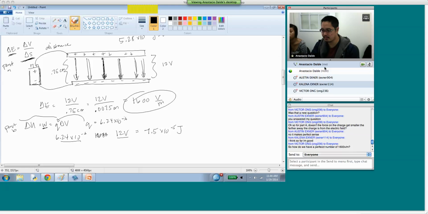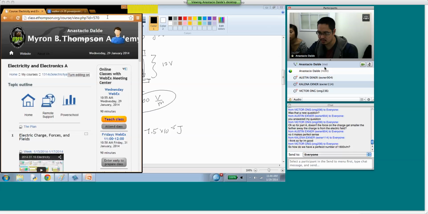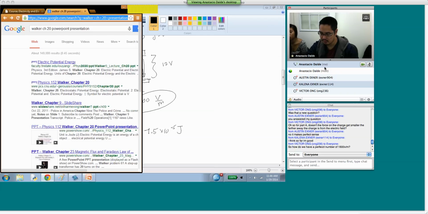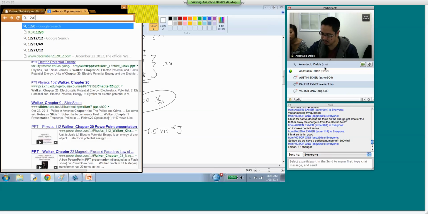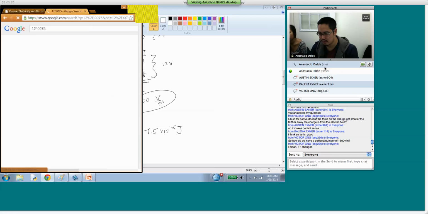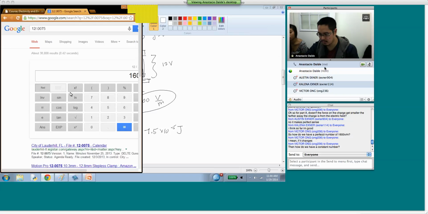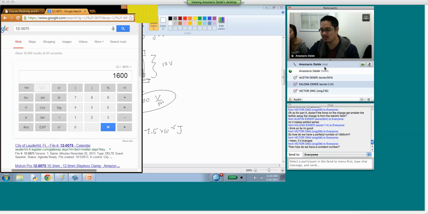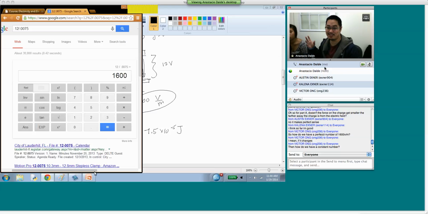How do we have a perfect number? 12 divided by 0.0075 is 1600. We have a perfect number because we happen to choose numbers that are so nicely put together. Like we pre-did this example problem.